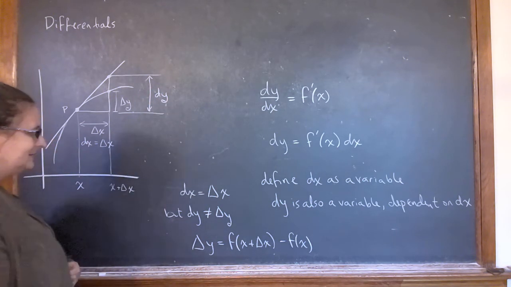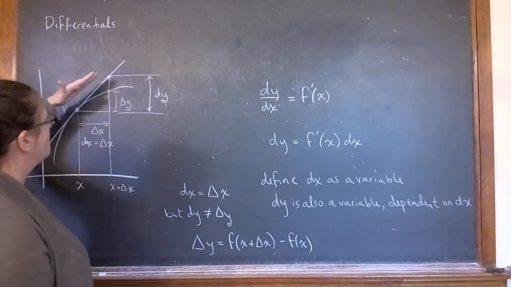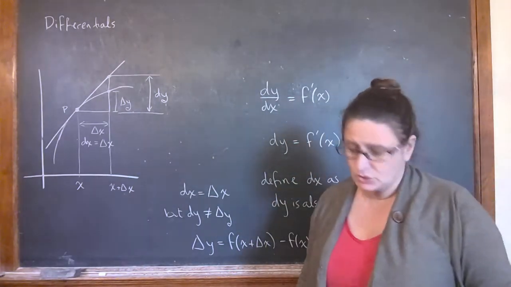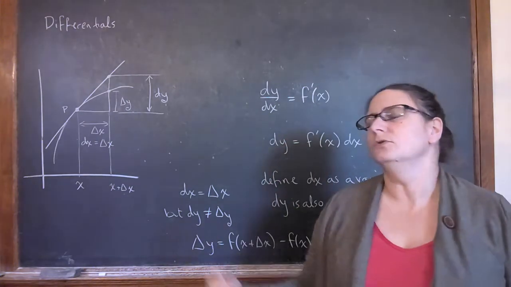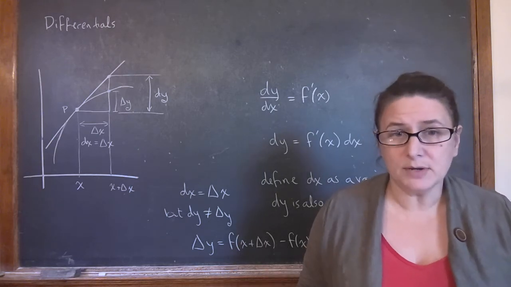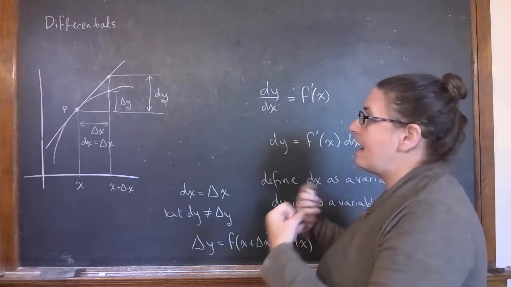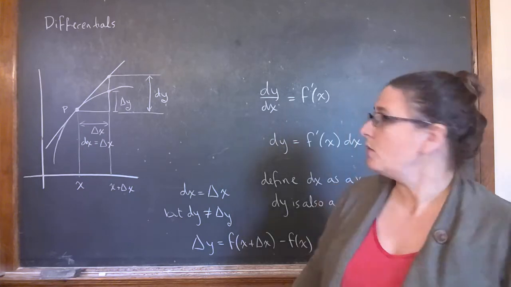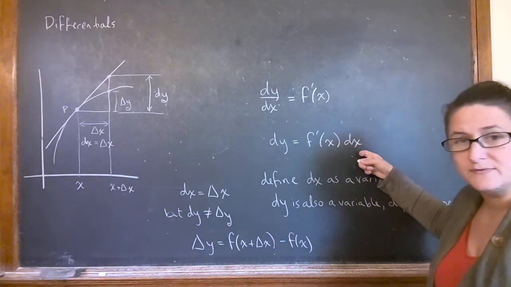So dy is given by the slope of the tangent line. Remember we used slopes to determine derivatives with the definition of the derivative. Now we have derivative rules, so we can use them to take the derivative and then think about dy in those terms. So to find dy, I just use f prime of x dx.